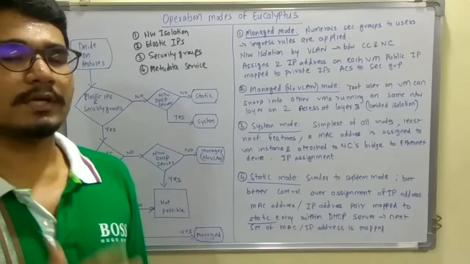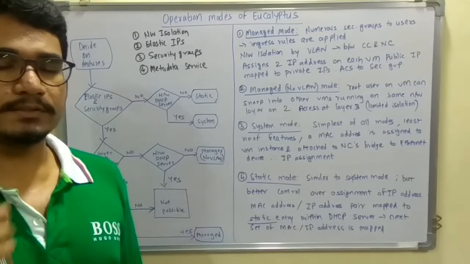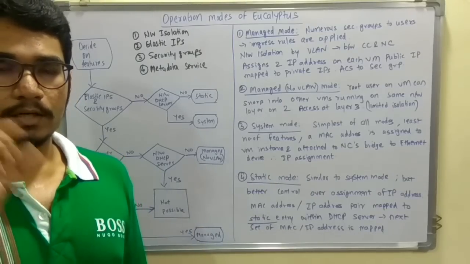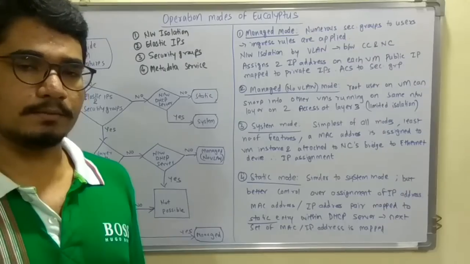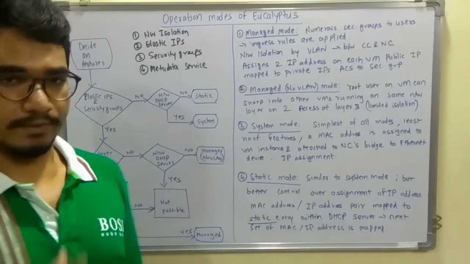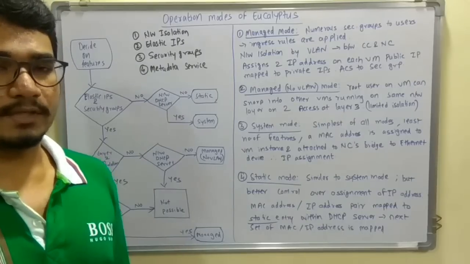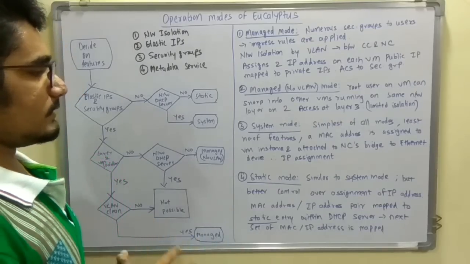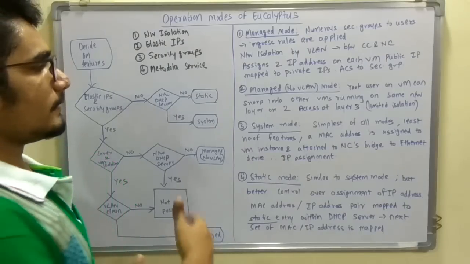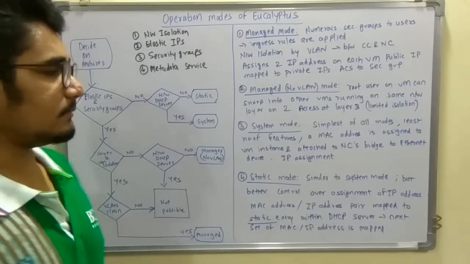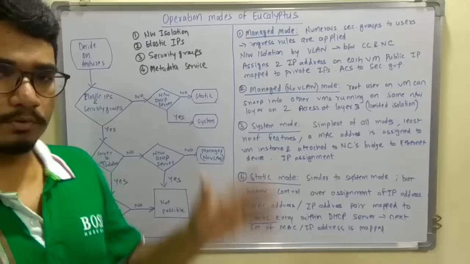If it is an Ethernet device, the node controller's bridge port has to connect with the Ethernet device, and then all the IP assignment gets done. So it's a complicated process, and that's why the mode is kept simple. This is the simplest mode among the four.